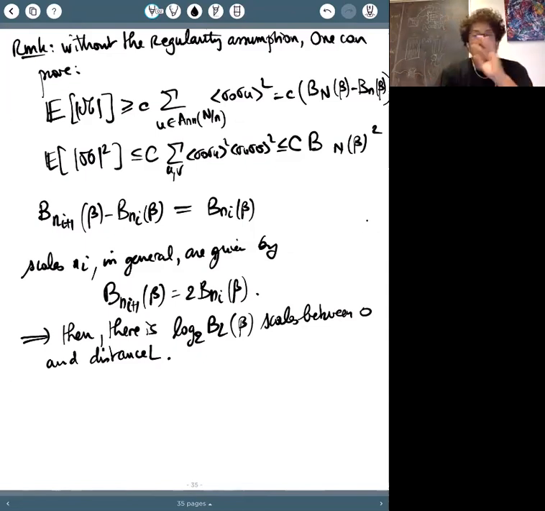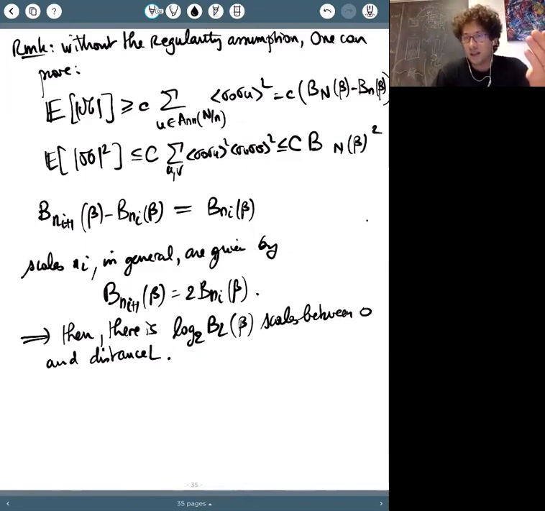Now, I didn't tell you yet how I do it, but imagine that the mixing is not where the problem is going to come from. Then I have log_2 of B_L scales where on each scale I intersect with positive probability.